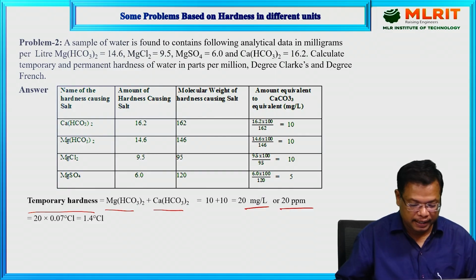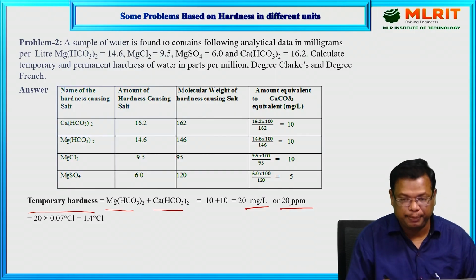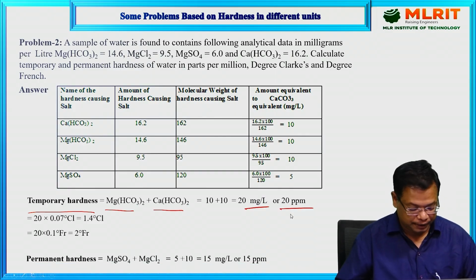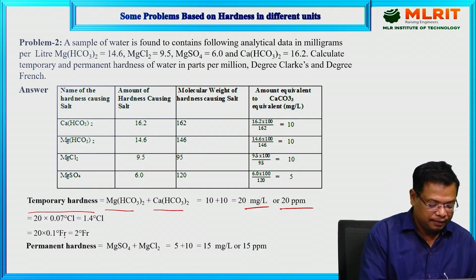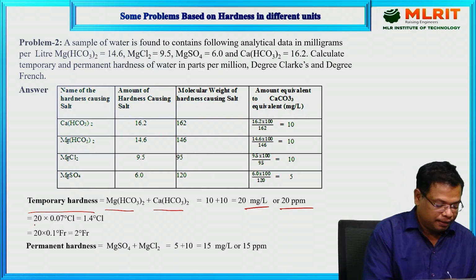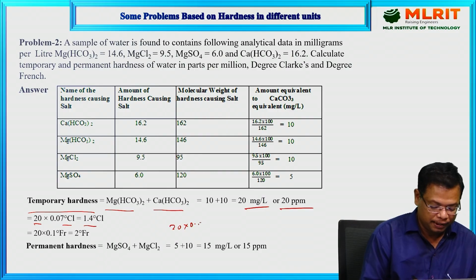When converting this 20 ppm into degree Clarks and French degrees, 20 into 0.07 equals 1.4 degree Clarks.